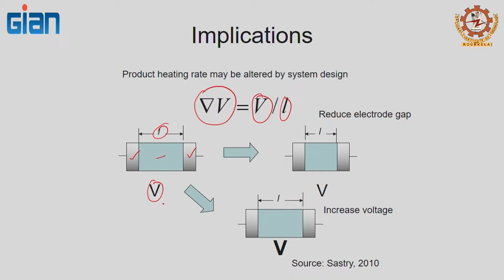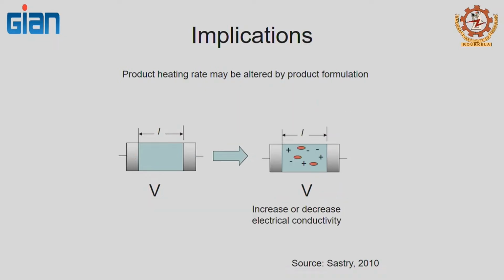So, maybe let us say this is 30 volt, you increase it to 50 volt, and this distance is 3 centimeters, you keep the 3 centimeters, but the ratio is different. So, you can have a higher voltage gradient, or you keep the same voltage of 30, and instead of distance 3, you decrease the distance to say 1.5, then also you can change the voltage gradient. So, there are a number of ways you can change these properties.